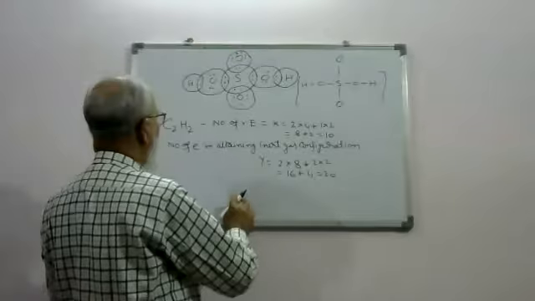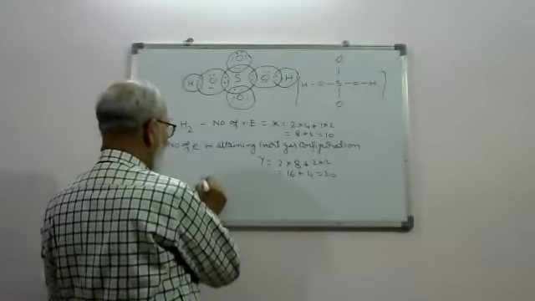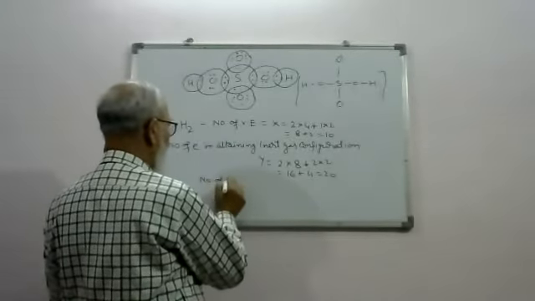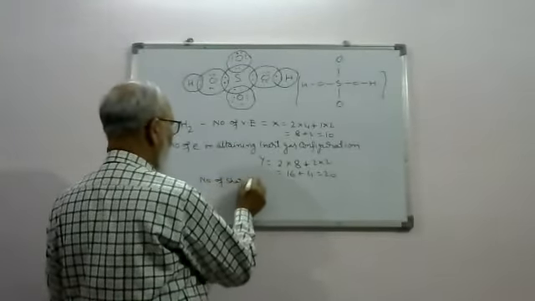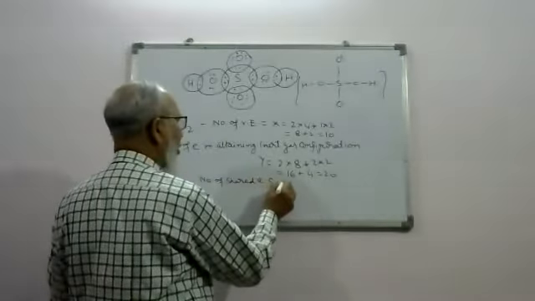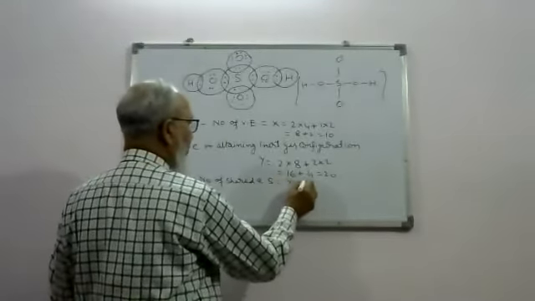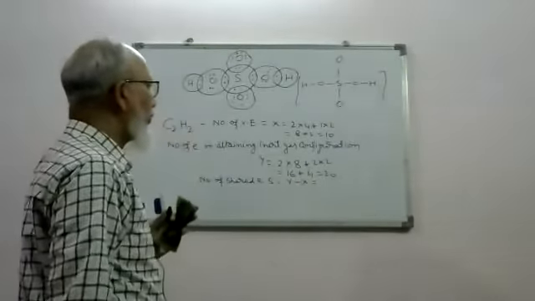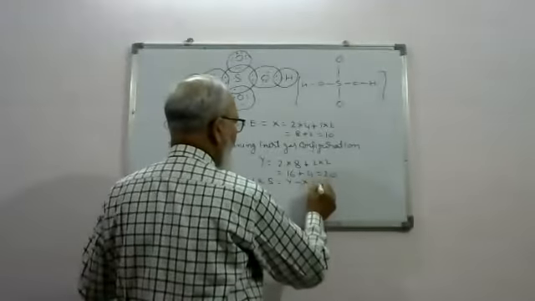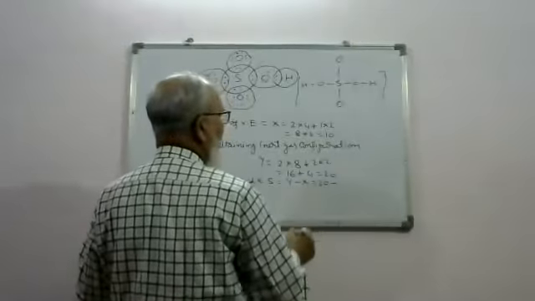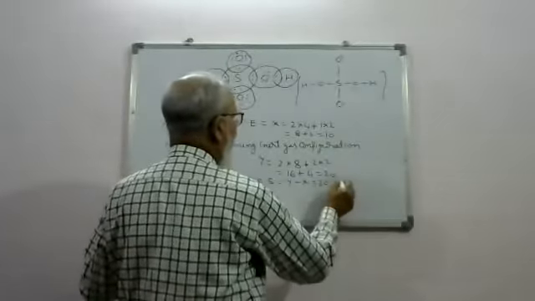Now, number of shared electrons, S, is equal to Y minus X. Y is 20 and X is 10.